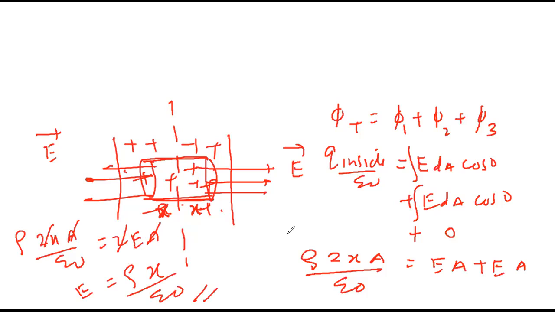If paper is difficult, such things will come, so you have to keep in mind the formula. So point is inside, thick sheet, then rho x upon epsilon naught. Rho is nothing but charge per unit volume.